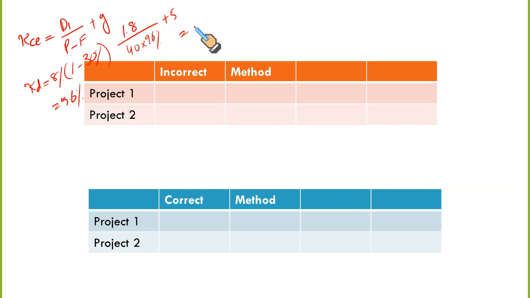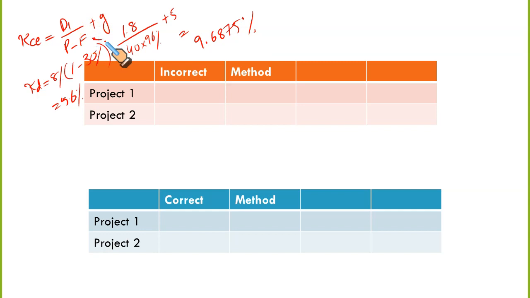So it's 1.8 divided by 96% of 40. Long question. So be patient, gentlemen. To this add 5%. That gives you 9.6875%. This is the cost of equity using dividend discount model, where the flotation cost has been embedded as a part of cost of capital.